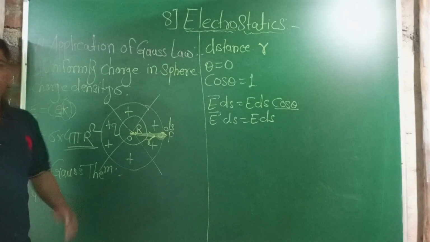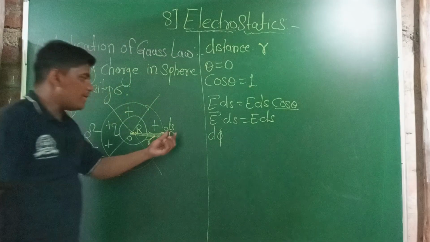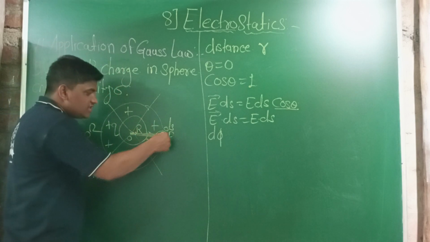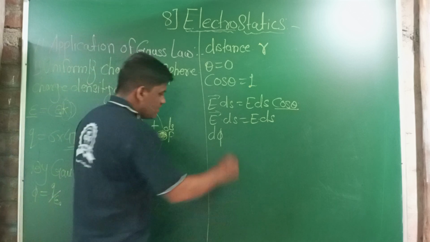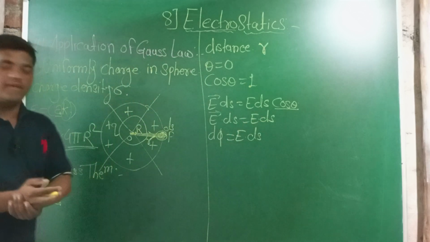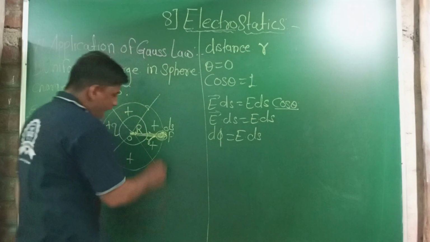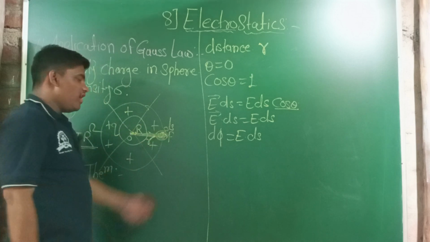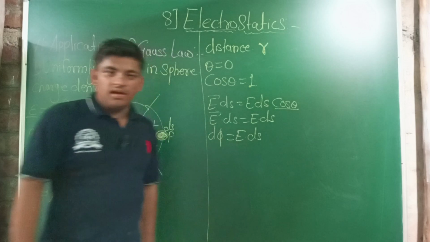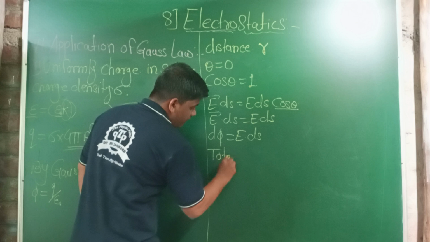The small amount of electric flux is d phi. d phi is the amount of electric flux through the surface dS, which is equal to the electric field intensity over the smallest surface dS. It means the electric flux at the smallest surface dS is equal to the electric field intensity times dS.